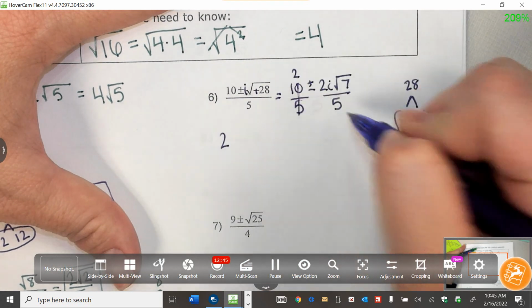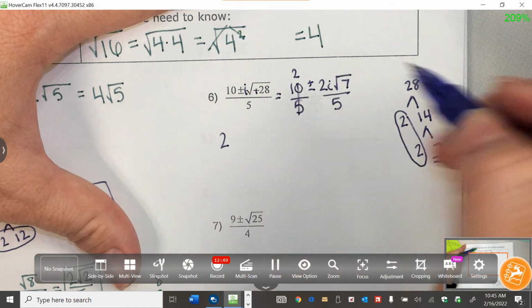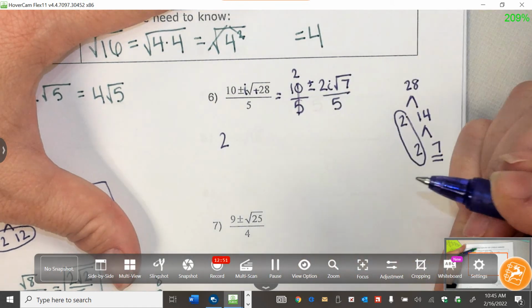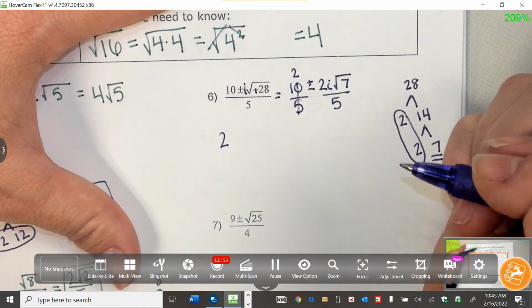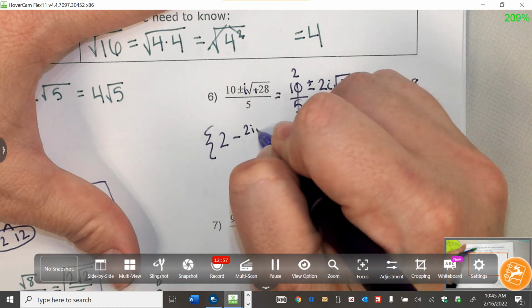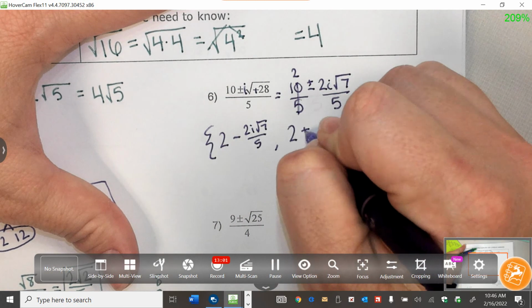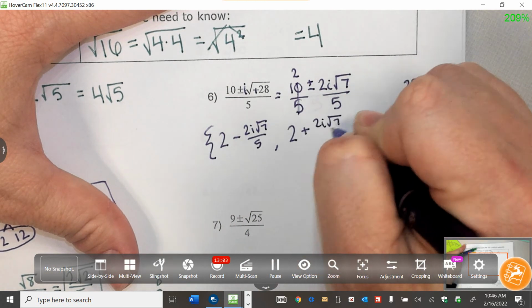Now, does 2 over 5 simplify? No. Because it has a plus and a minus, this is technically 2 answers. So we have 2 minus 2i square root of 7 over 5, and 2 plus 2i square root of 7 over 5.